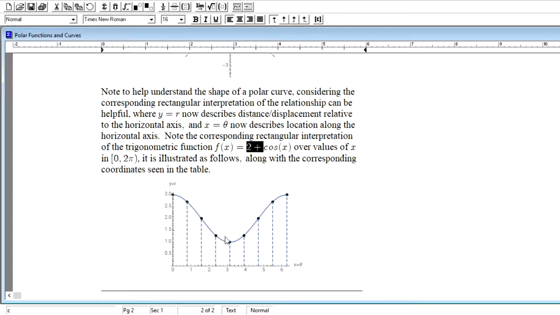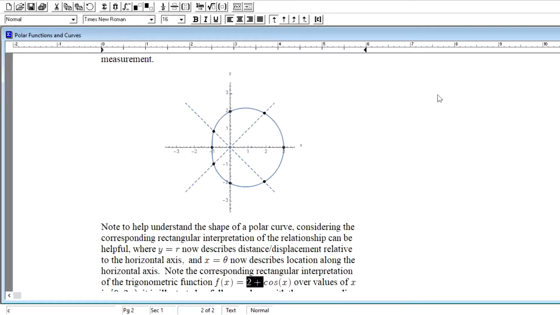And that behavior, as we see here illustrated in the cosine wave, is symmetrical in its distances. So we see that element of symmetry occurring with respect to the origin in this system, right?